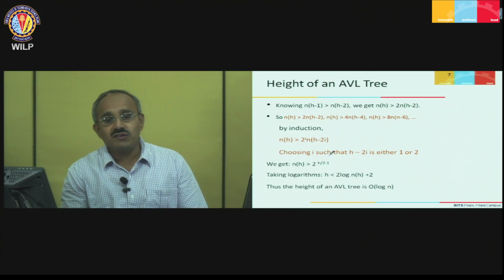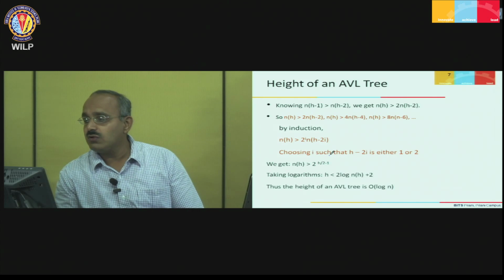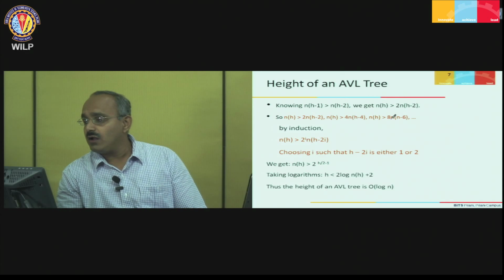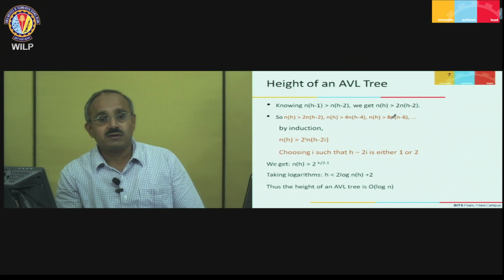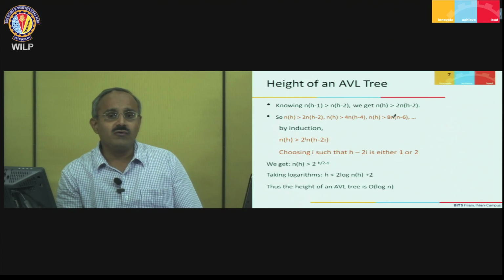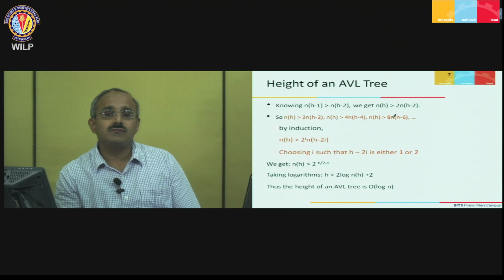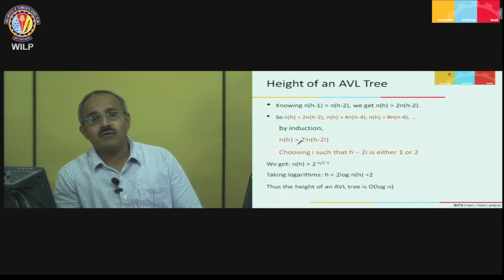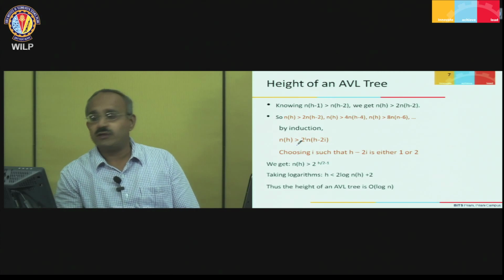Now, we are going to use this recursively. I can use the same fact and say about n h in terms of n h minus 4, or number of internal nodes in a tree of height h minus 4 and so forth. Intuitively, what we observe is, as your height decreases by 2, your number of internal nodes grow exponentially.